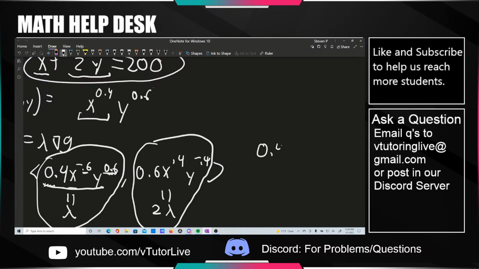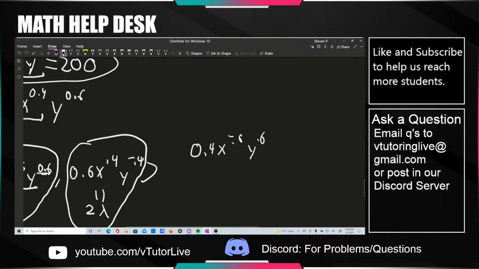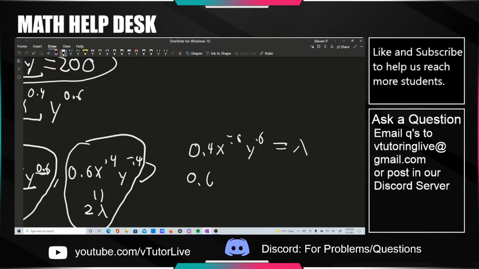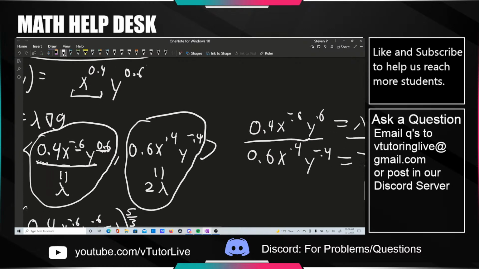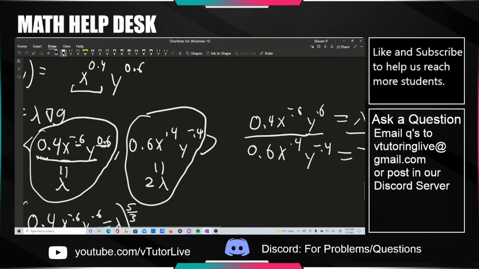Like if you had 0.4 x to the -0.6, y to the 0.6 is equal to lambda, and 0.6 x to the 0.4, y to the -0.4 is equal to 2 lambda. You can just divide the left-hand side and right-hand side by lambda. You also have to justify that lambda isn't 0 when you do that, which I think is reasonable.